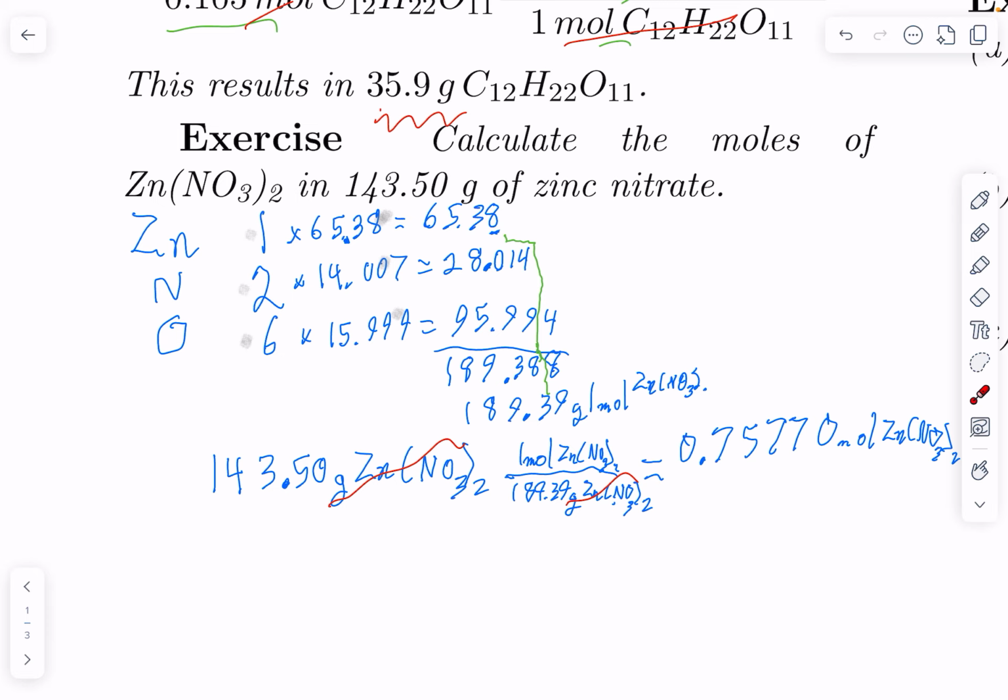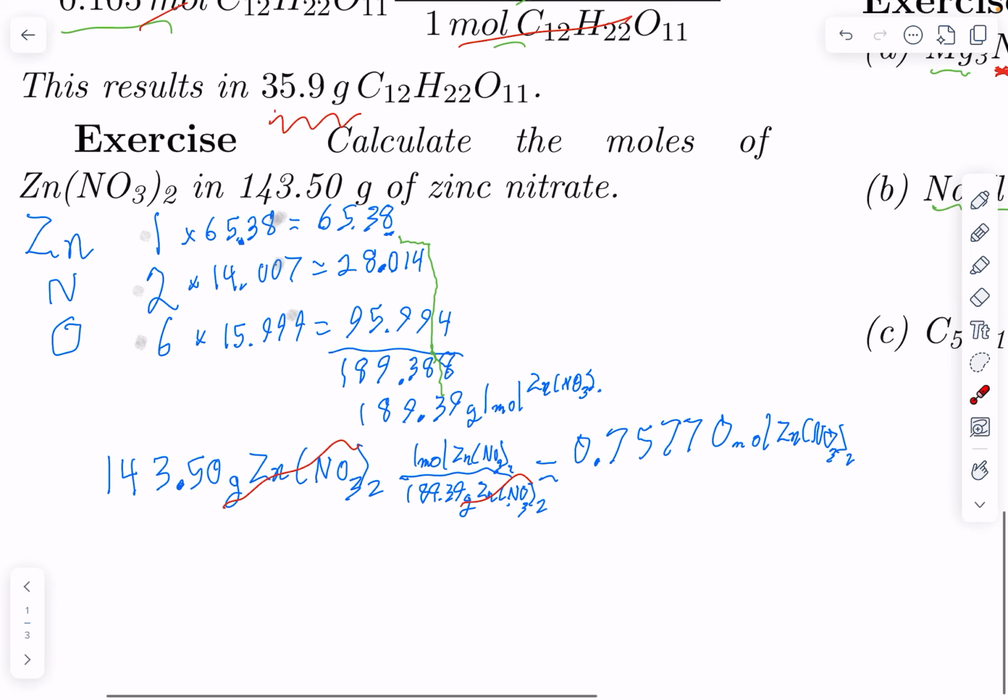There are 3 oxygens in each nitrate. There's 2 nitrates. So 3 times 2, 6. Then you list their atomic masses, multiply, and you get those values. Add them up, and you get 189.39, accounting for the significant figures.